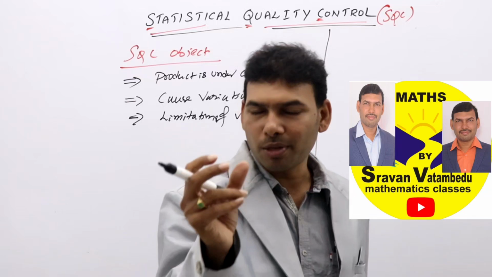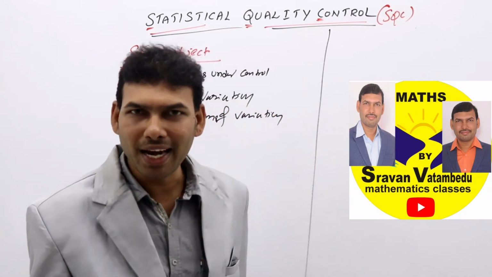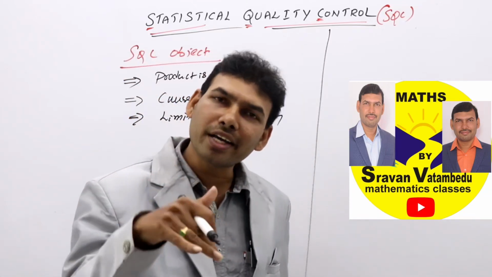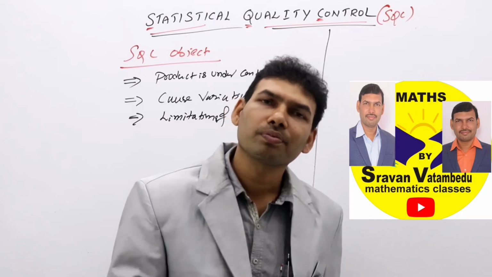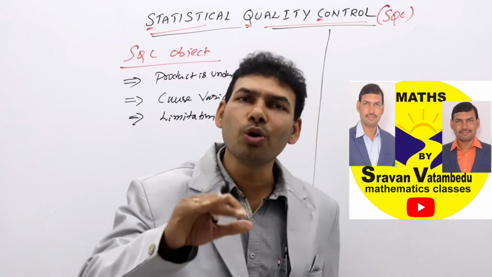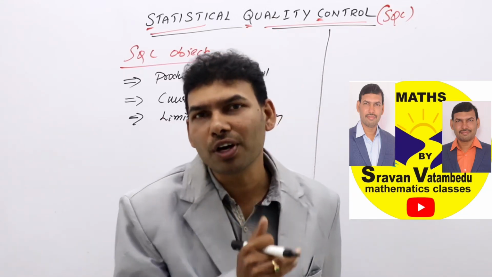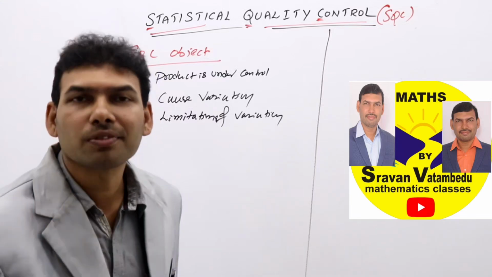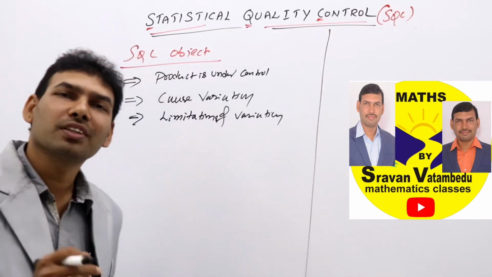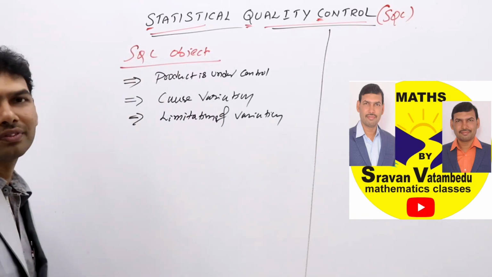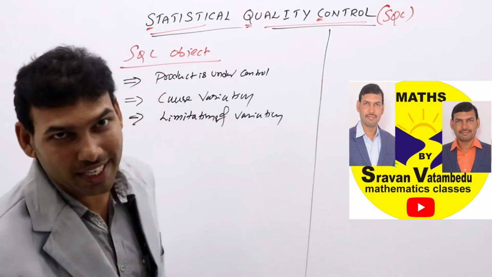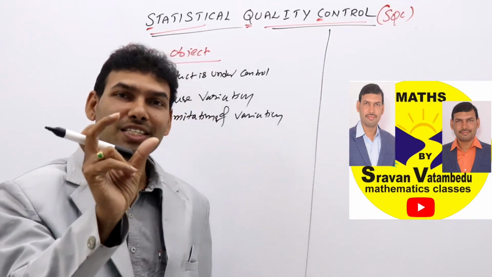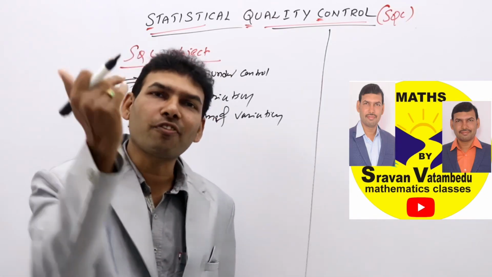The main objective of SQC is whether the production of the material is under control or out of control. If it is under control, no problem. If it is out of control, what is the cause? What is the reason that we are going to find? The limitations of variation means how much variation we can expect after the first stage.